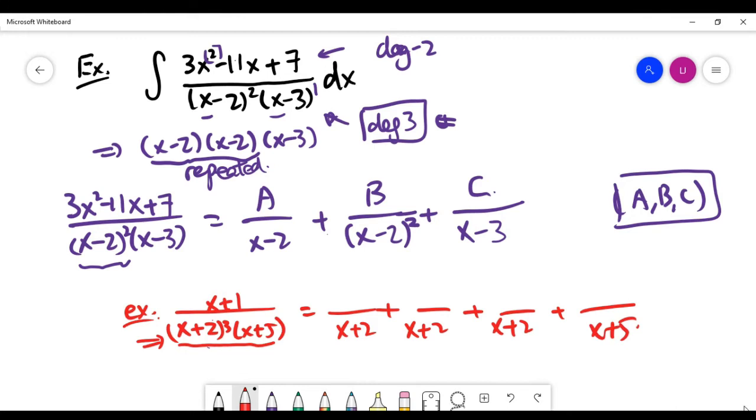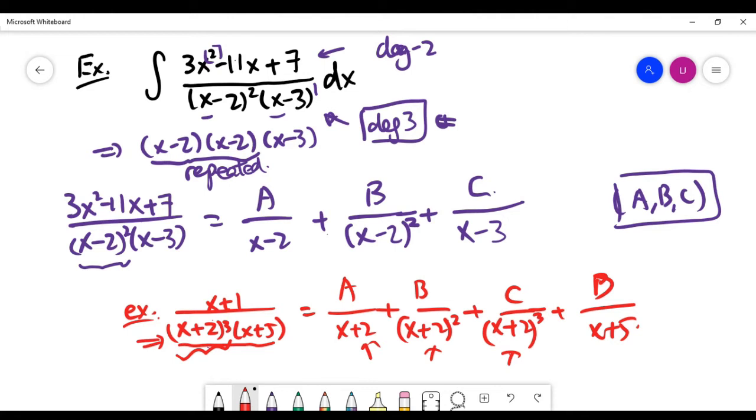Because all factors are degree 1, we add the constants A, B, C, D at the top. And because x plus 2 is repeated 3 times, you need to think about the 3 identical fractions. We have to keep increasing the power of the repeated factor by 1, starting from the second fraction. That's the way to write the partial fraction down if you have a repeated factor.